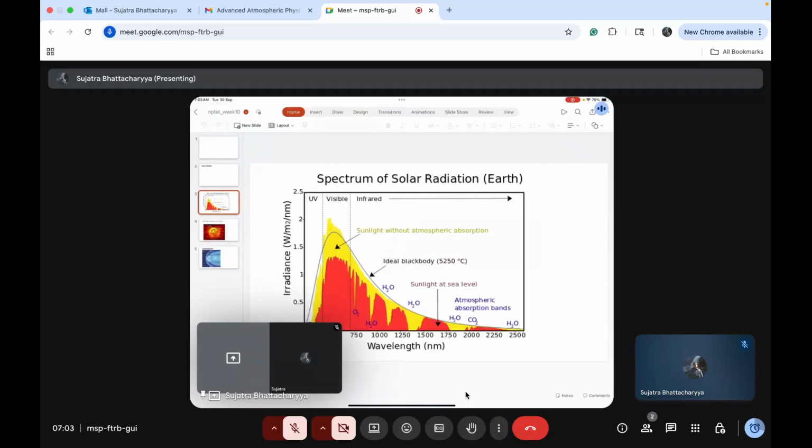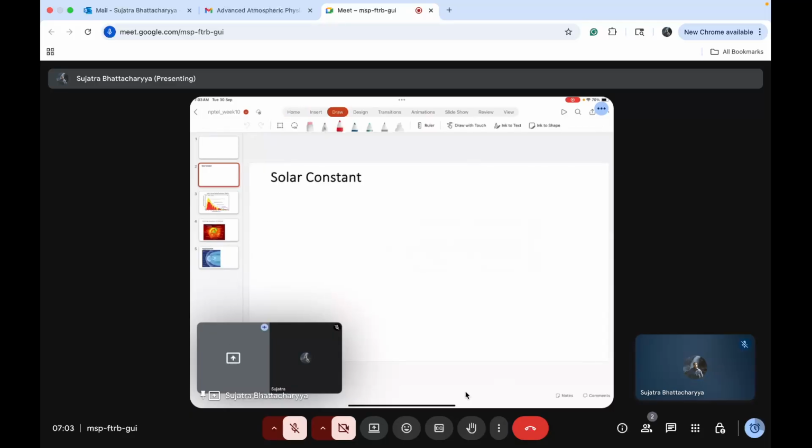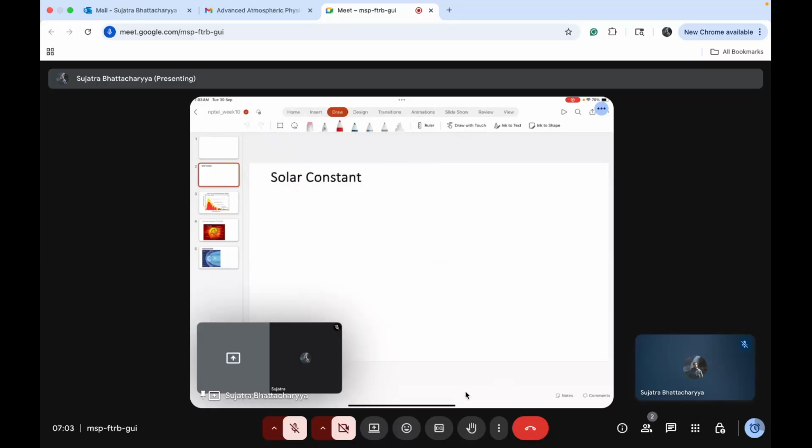We will start with the solar constant. So let us discuss a term called the solar constant. How much radiation of the sun is coming into the earth and playing an important role?